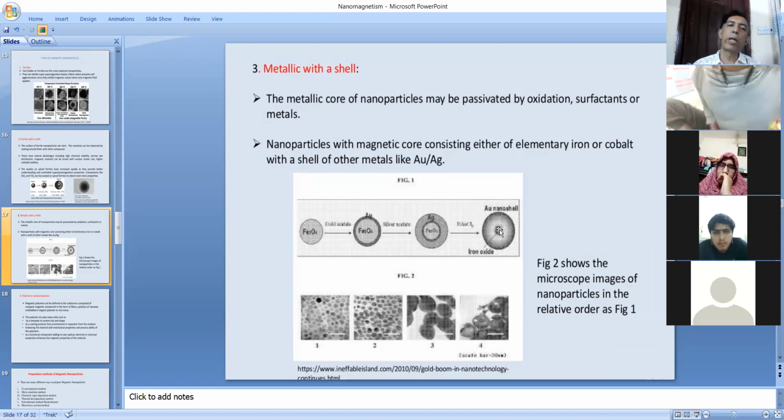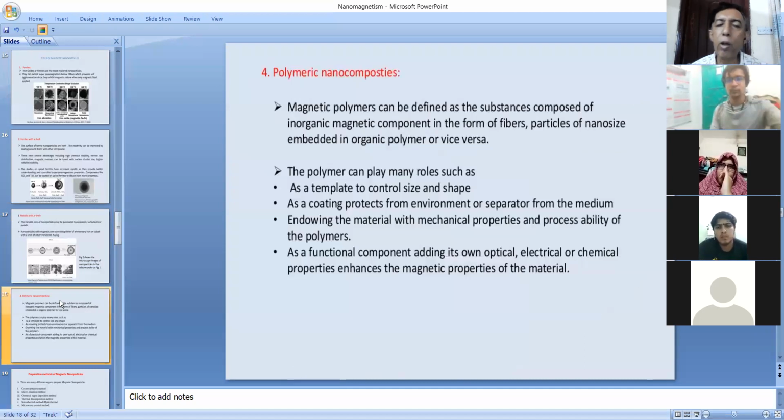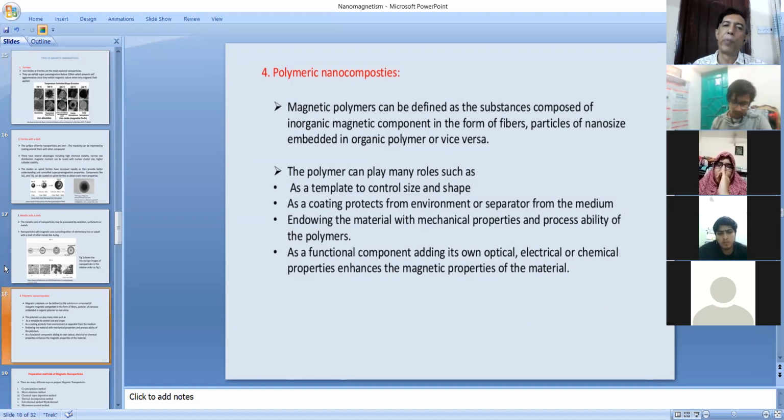So you can have a metallic coating over iron oxides. There are some polymeric nanocomposites also. That means there are some polymers which can show magnetic properties, and they may be your magnetic nanomaterial.